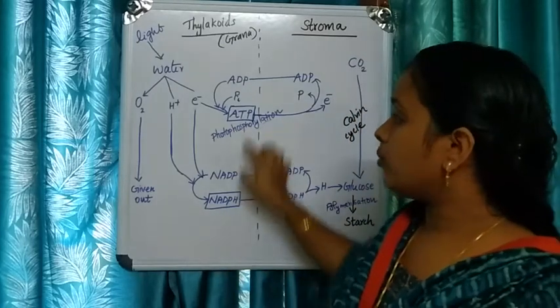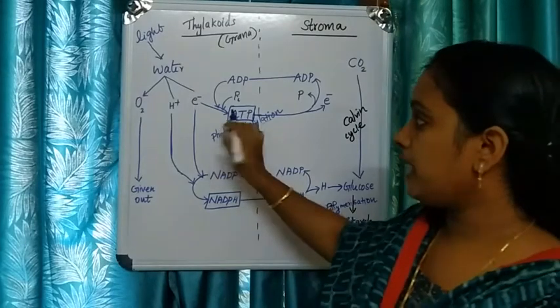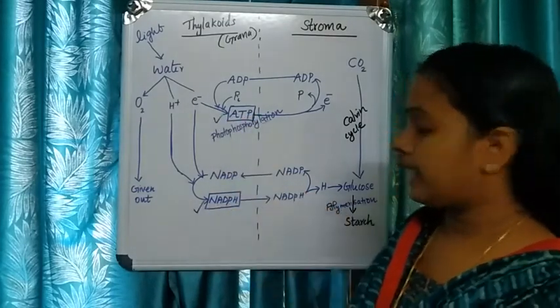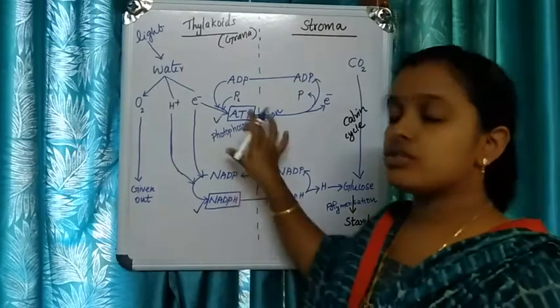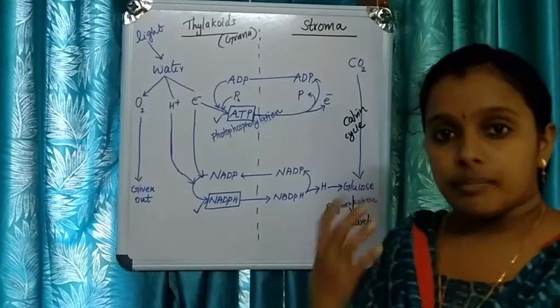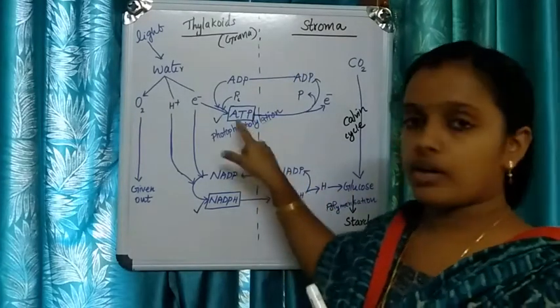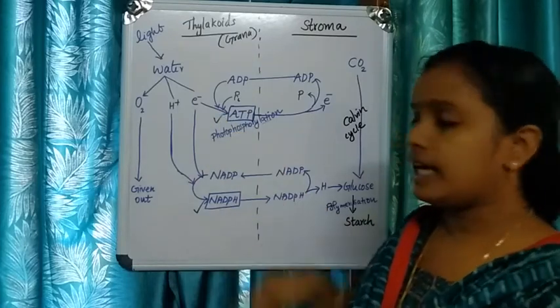So these are the two products of light dependent reaction, ATP and NADPH. These two energy rich molecules are the products of light dependent reaction. So this is the important one, ATP and NADPH.